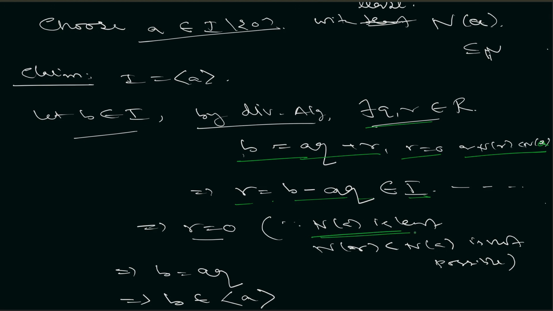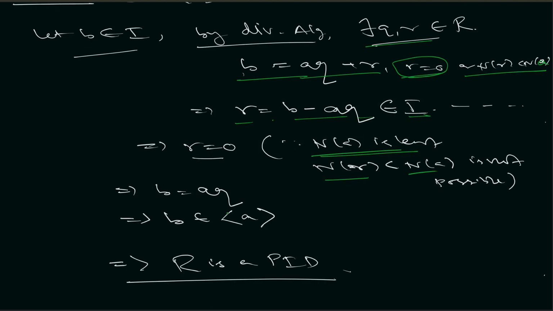You cannot have norm of R less than norm of A, so your only choice is R equals 0. That means B equals AQ, so B is generated by A.